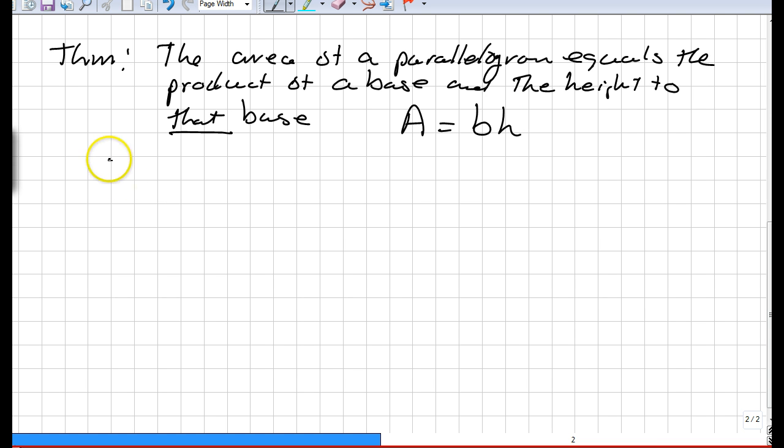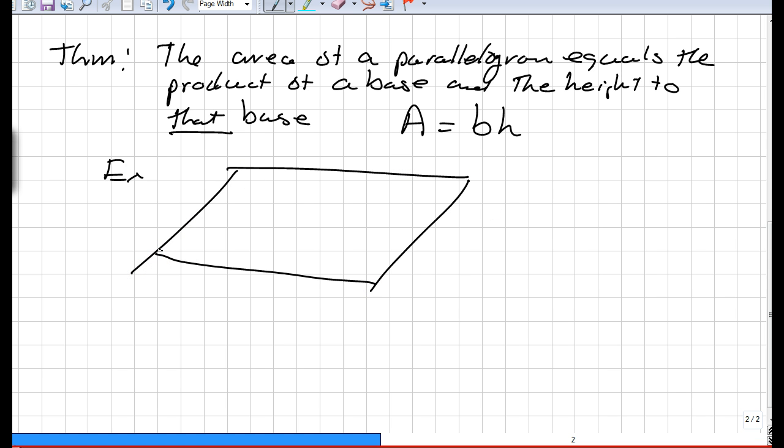so an example is if I have this parallelogram, and this is a 30-degree angle, this is 8, this is 12, and my height is right here. Okay, well, this is again a 30-degree angle. Well, then I can use my 30, 60, 90.